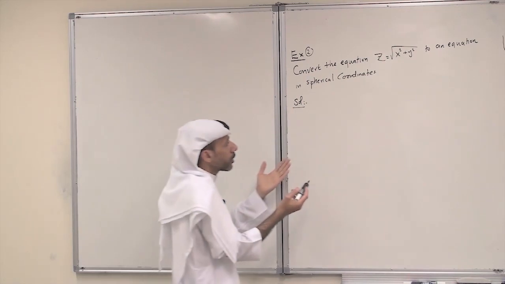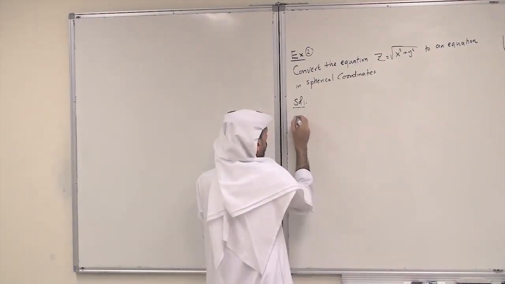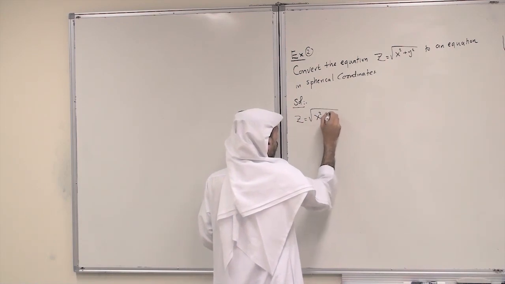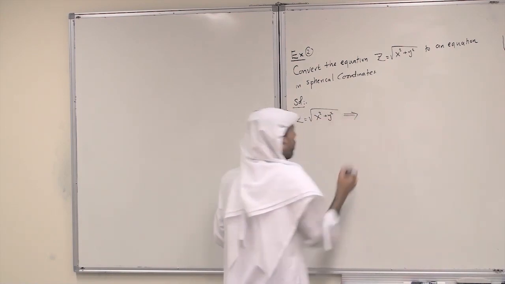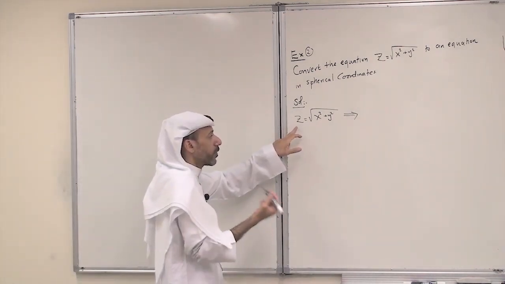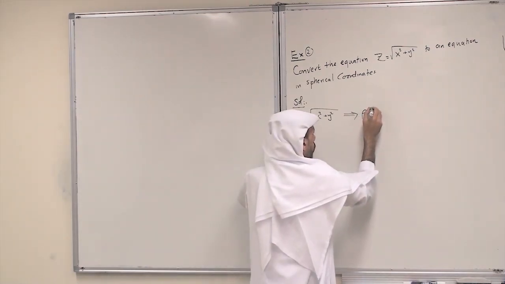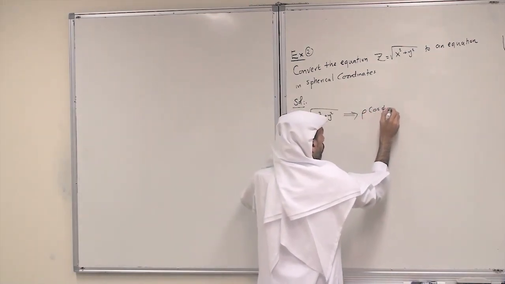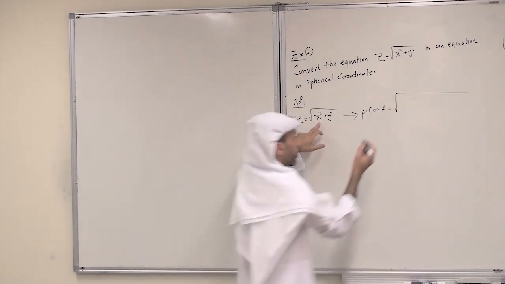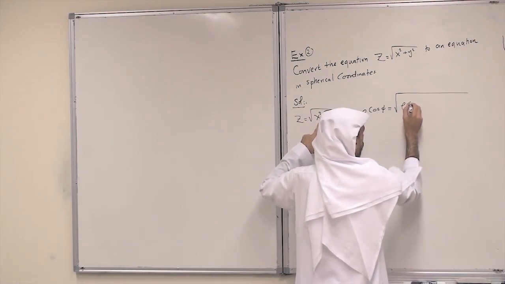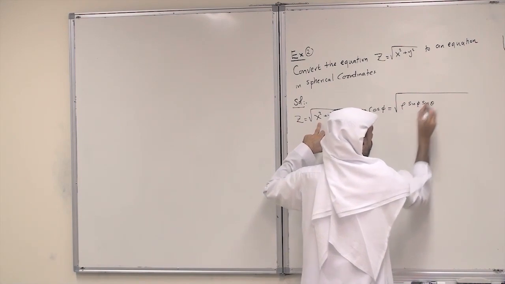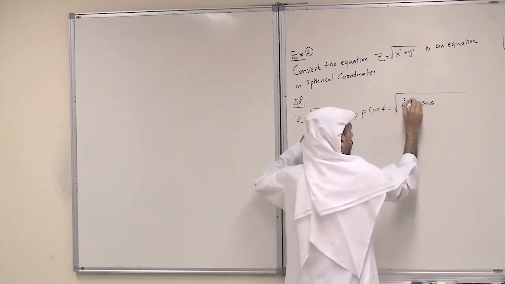So this is z equals root x squared plus y squared. Replace each variable by the corresponding relation in spherical coordinates. So z in spherical coordinates equals rho cosine phi, root, x in spherical coordinates equals rho sine phi cosine theta. When you square, so this is squared, and this is squared.